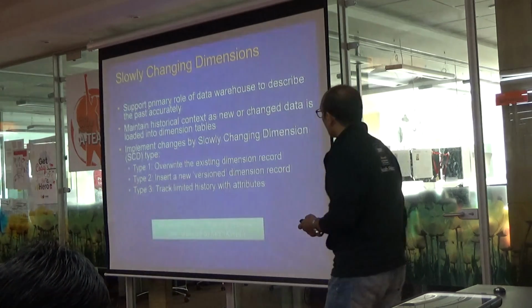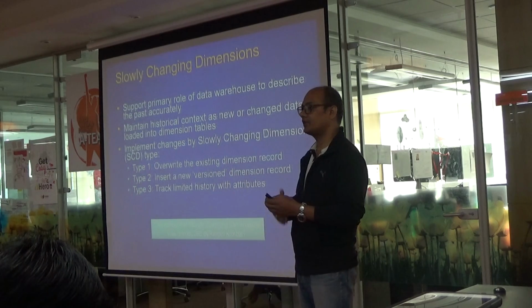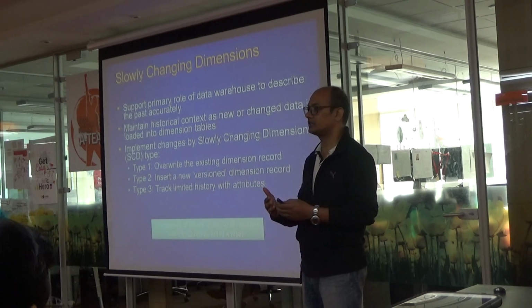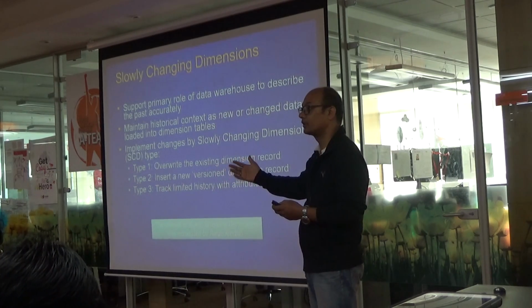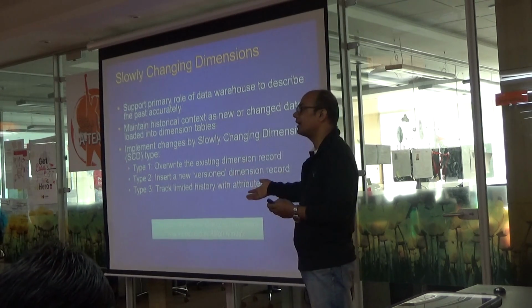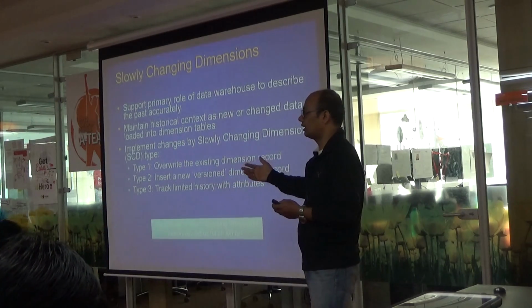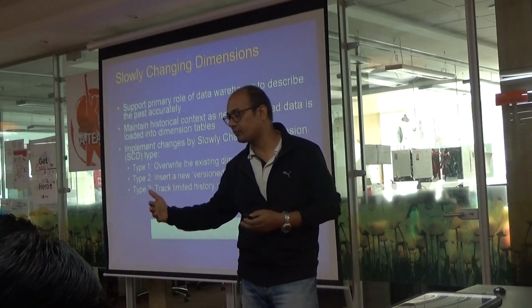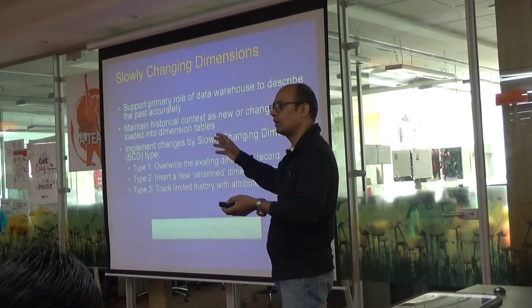So we talked about dimensions and facts. Now what happens if my dimension value gets changed? Generally your fact value doesn't change over a period of time, because when the sale has been made, it's made. According to your data archiving policy, you will archive the data after your retention policies expire.